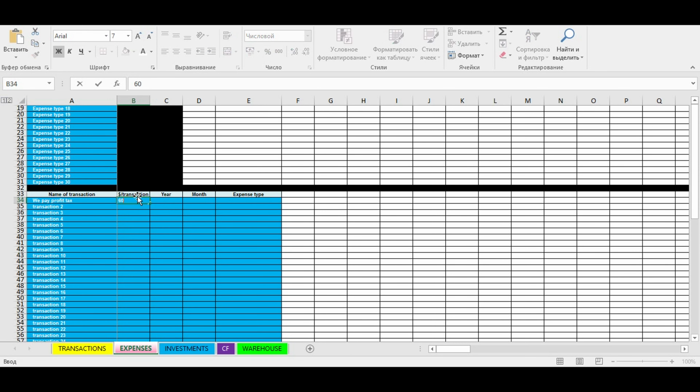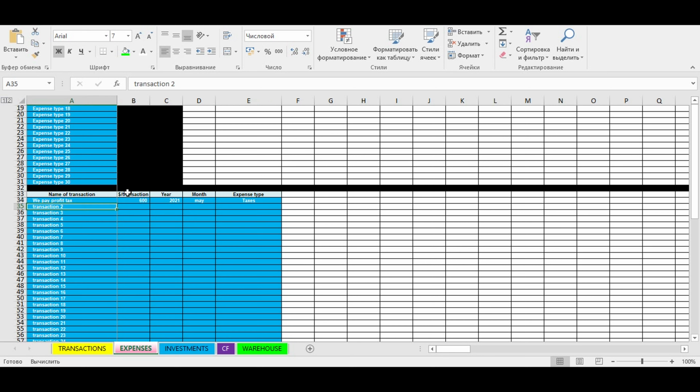It's $600. Year 2021. It's May, and expense type it is taxes.